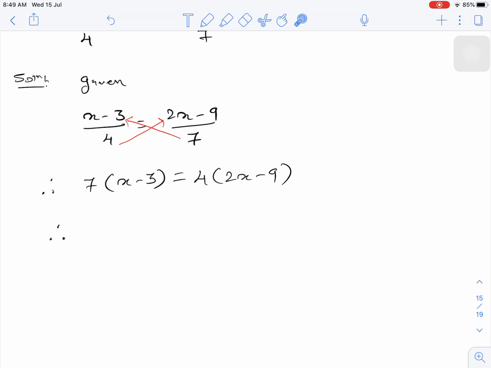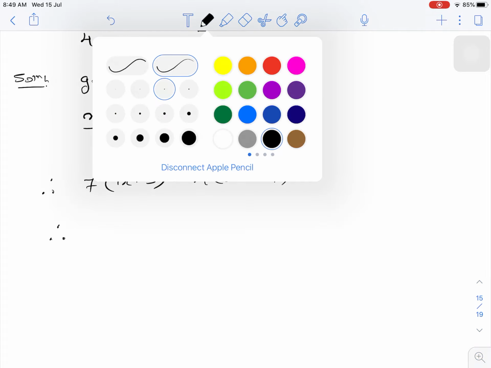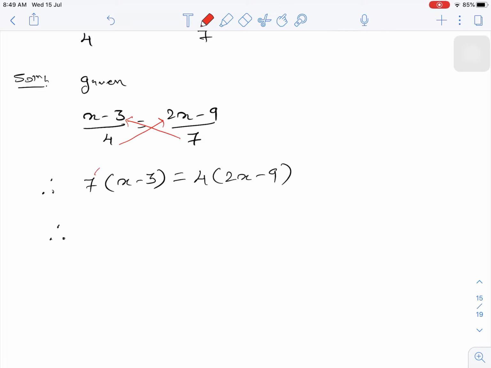Now what will happen, this 7 first it will multiply with x, then it will multiply with minus 3. Okay, so I am just highlighting it. This 7 first it will multiply with x, so 7 into x you will get as 7x. Then this 7 will multiply with this minus 3.